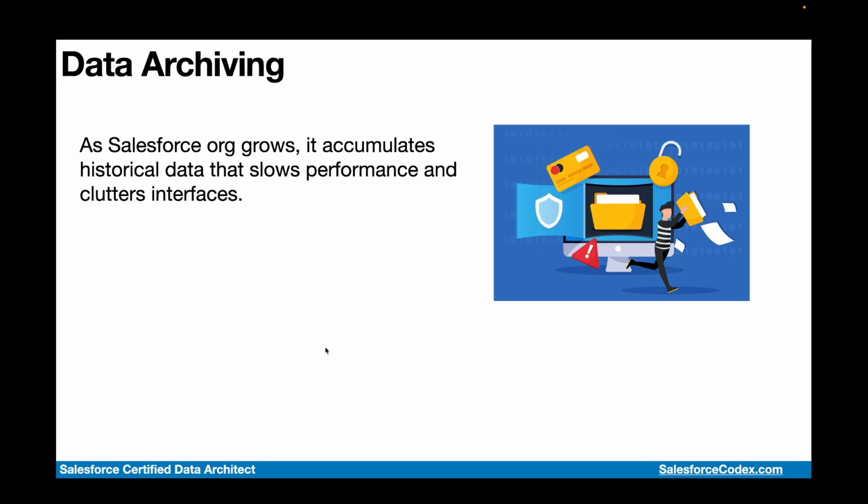Reports and searches will be less efficient when we have huge data in the system. Archiving allows us to identify and move older, less frequently accessed records to a separate storage, either within Salesforce, like Big Objects or a custom archiving solution, or externally through middleware or a backup tool, which we have discussed previously.